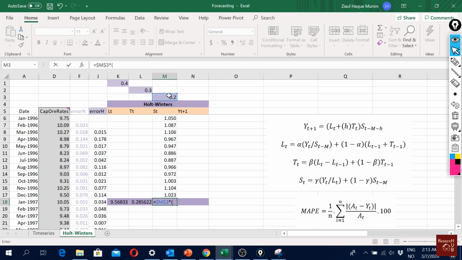Multiply this with YT, that is here, YT divided by LT, that is here, right? Close my bracket and then plus 1 minus gamma, and then I fix my gamma again. Okay, multiplied with ST minus M. So then it will be the season of January 1996, this value here. So I'm going to press enter now.